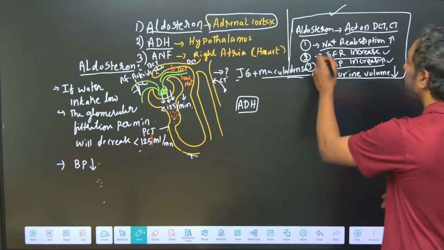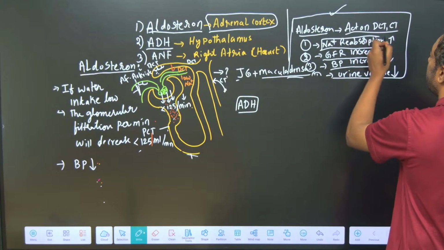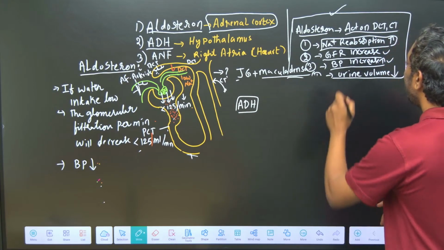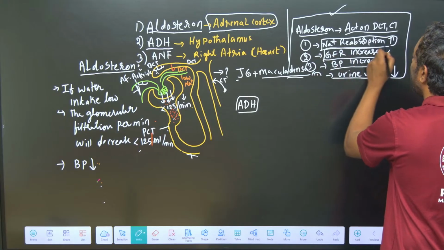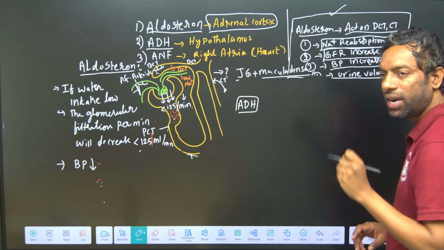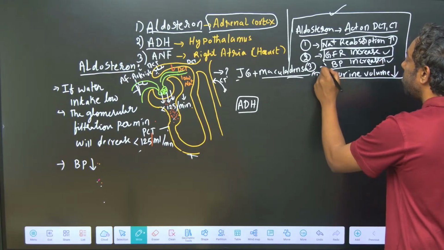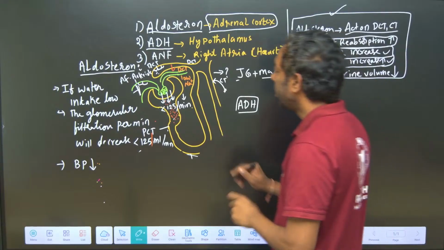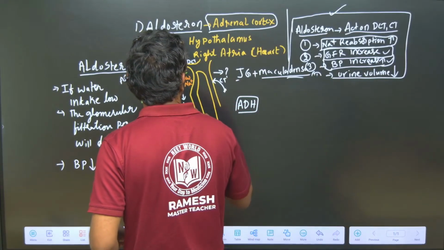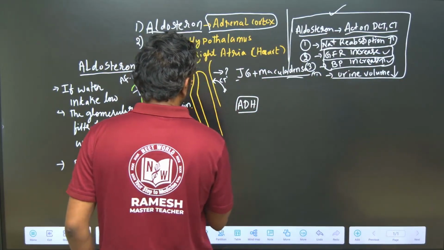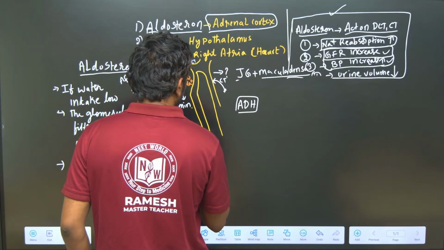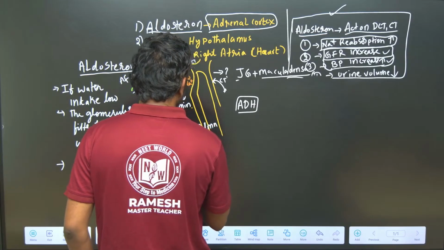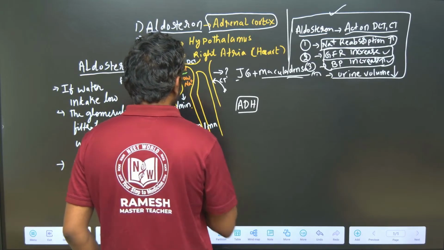If sodium reabsorption is increased, in that condition the GFR rate will increase, and blood pressure will also increase. The glomerular filtration will increase to more than 125 ml per minute if aldosterone acts.